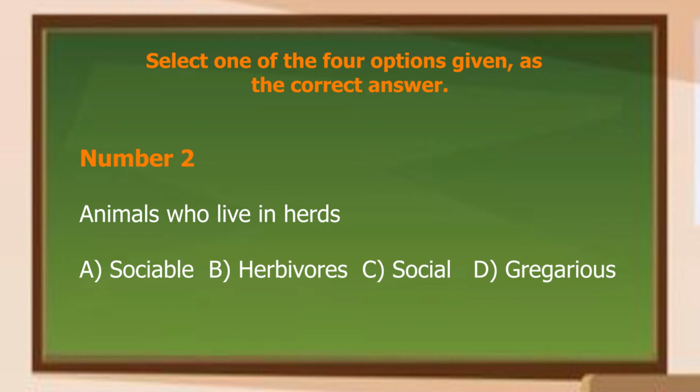Number 2, animals who live in herds. The options are A, sociable, B, herbivores, C, social, or D, gregarious. Which one do you think is the answer?